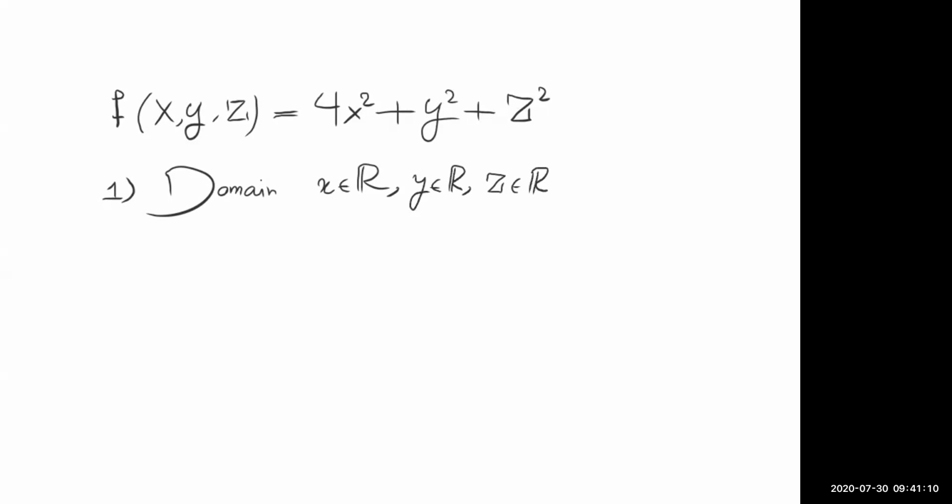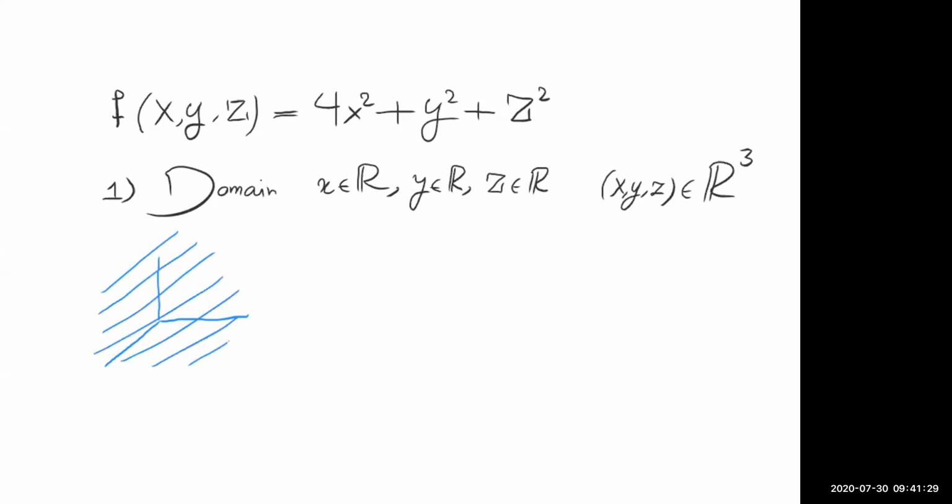So the triple x, y, and z can be any point in R3, three-dimensional space. In other words, all of this three-dimensional space is the domain of the function. So everything in this three-dimensional space is a point in the domain of this function.